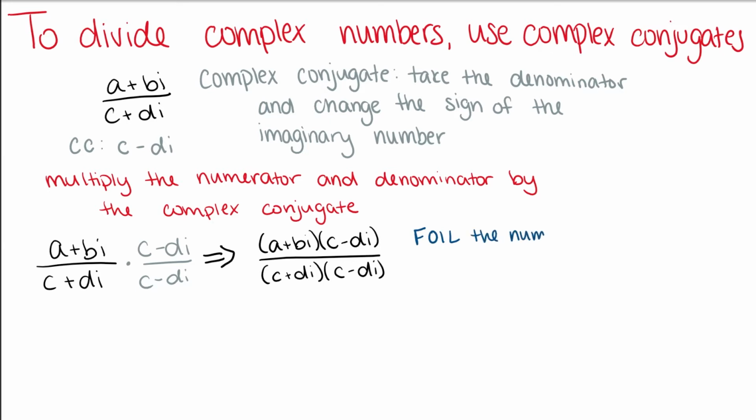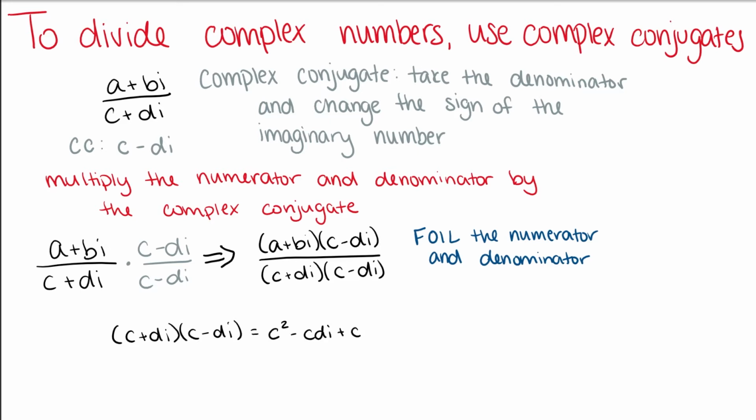From here, we want to FOIL our numerator and denominator. Our numerator will be FOILed and we're going to have a long expression. But let's take a look at what happens to our denominator. When we FOIL, this becomes c squared minus cdi plus cdi minus d squared i squared.